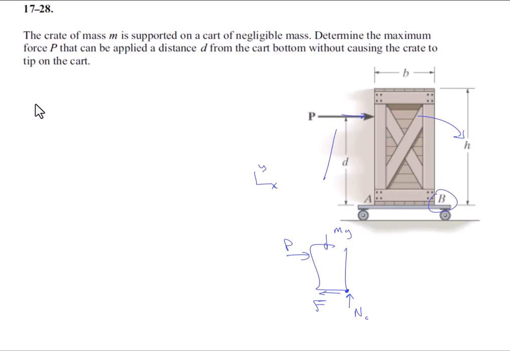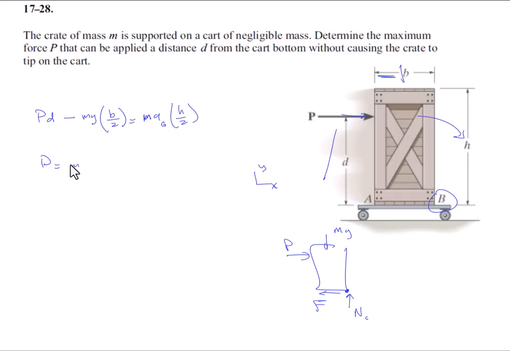So if you sum the moments, it will be P times d in this positive direction minus mg, the weight, times b over 2, and this is equal to m a for the center of mass times h over 2. And when you solve for P, this is equal to the summation of forces in the x direction.